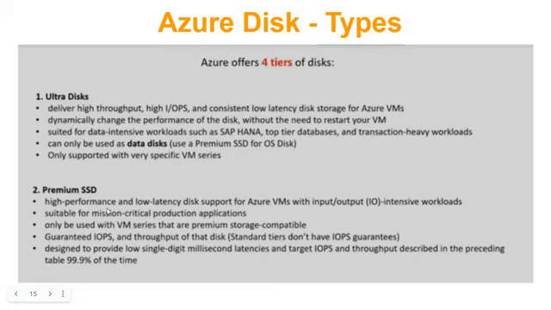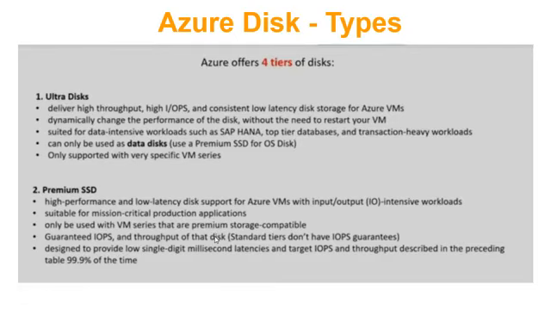Next we have premium SSD. So premium SSD provides high performance and low latency disk support for Azure VMs with input and output intensive workloads. So there we use transaction heavy workloads. Here when we don't have that much transaction heavy workloads, we can go with premium SSD, and it is suitable for mission critical production applications.